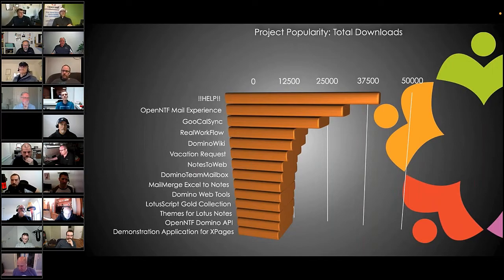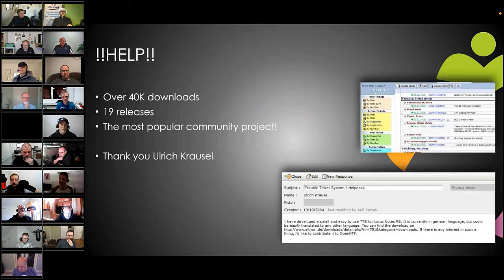And a couple of projects shine out here, and one of them is Help. Help has over 40,000 downloads with 19 releases, and this is by far the most popular community project ever. It's been developed by Uri, and Uri is here. If he's okay, we'd like to hear Uri's memories about this project. Uri?